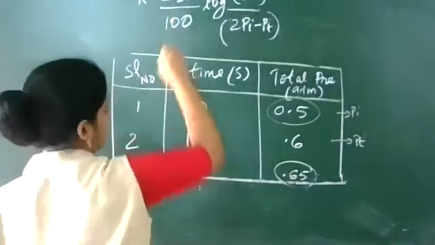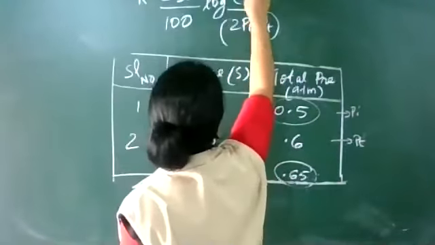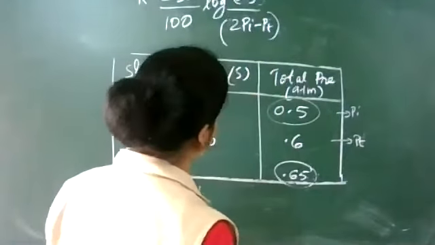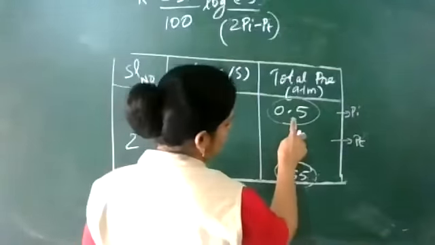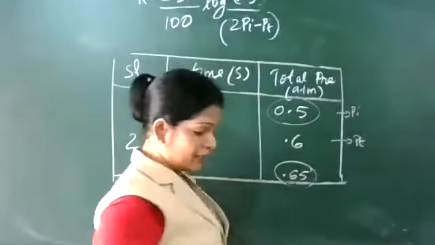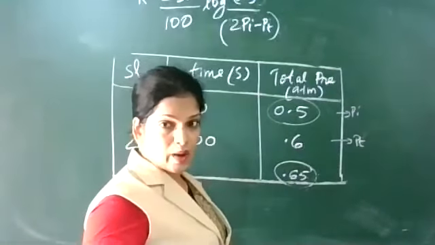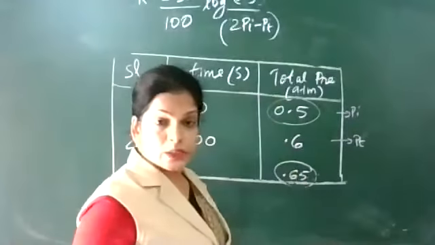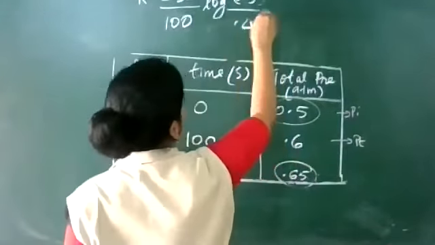The time is 100 seconds. Pi, what is Pi? 0.5. What is 2Pi? 2Pi minus Pt. 2Pi, that is 1, right? 0.5 into 2 is 1. Minus Pt, 0.6. So that will be 0.4.